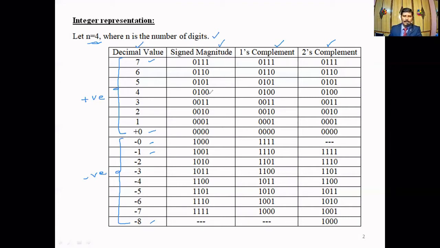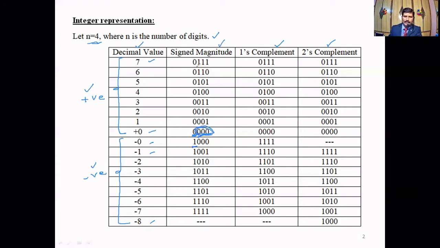Now if you consider these positive numbers, in all these 3 they are same. One means 0001. Here in sign magnitude form, the MSB indicates the sign bit, and the remaining 3 bits are the magnitude. 0 means a positive number, and 1 means a negative number, right.